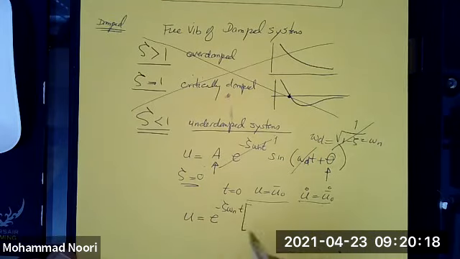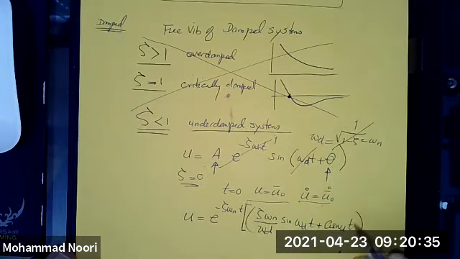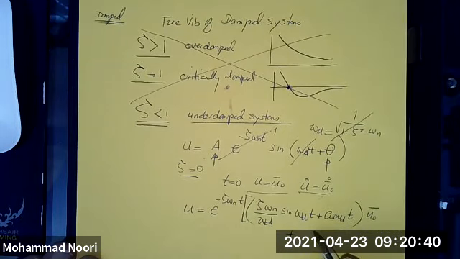The shape of the response will be this, e to the power of minus zeta omega n t. After you do all the simplifications, you get this equation: cosine omega d t times u naught, the initial condition, plus u dot naught over omega d times sine of omega d t.